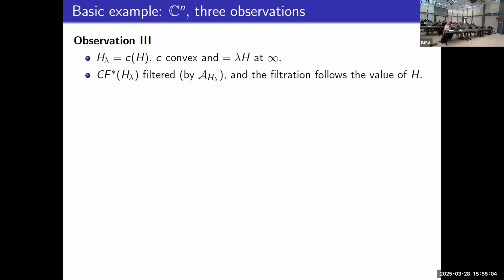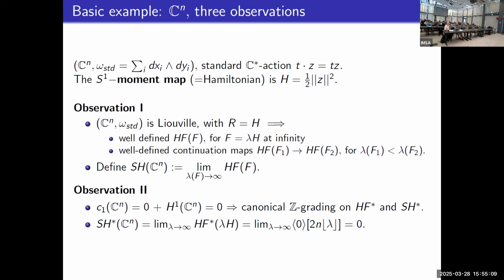The chain complex is not the simple one we had. To prove that SH is 0, I used a very simple Hamiltonian, just lambda H, which is linear, and that's it.